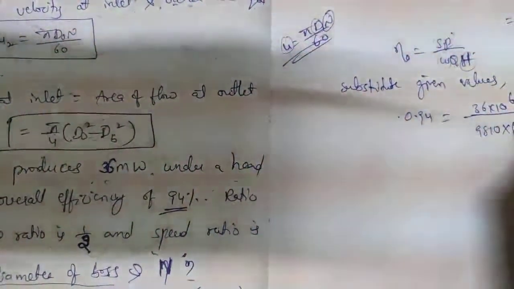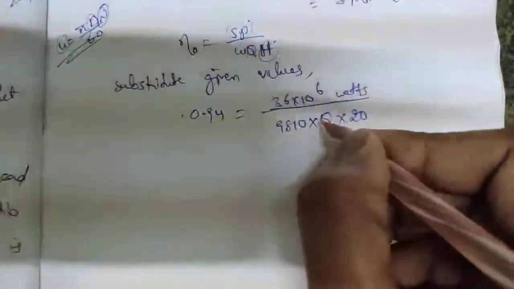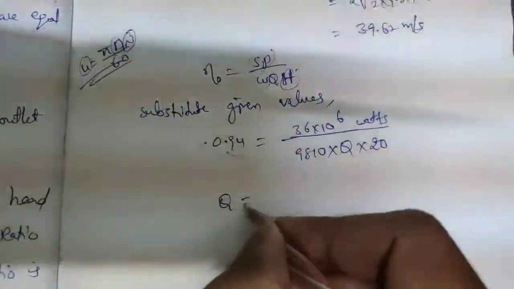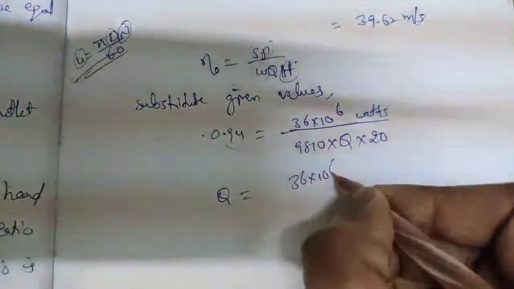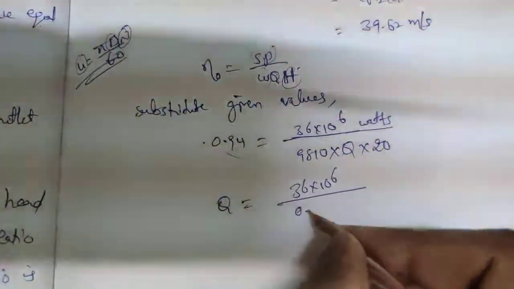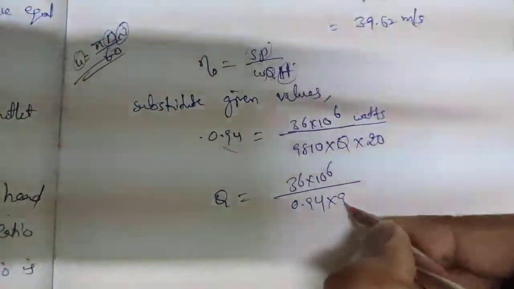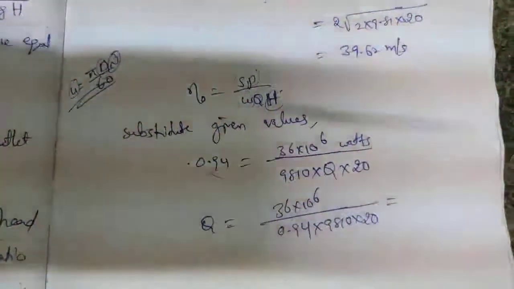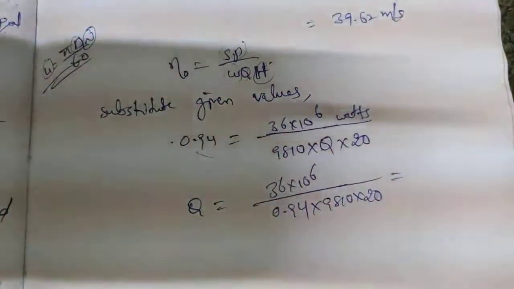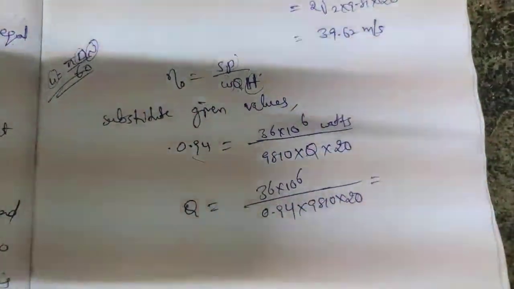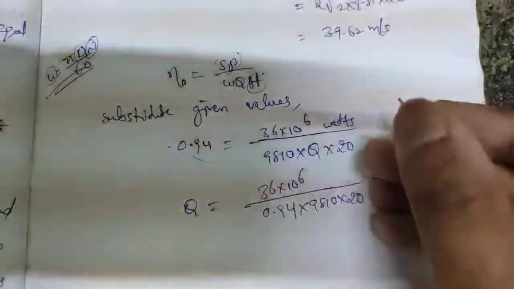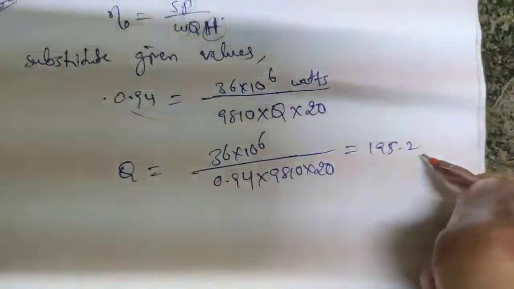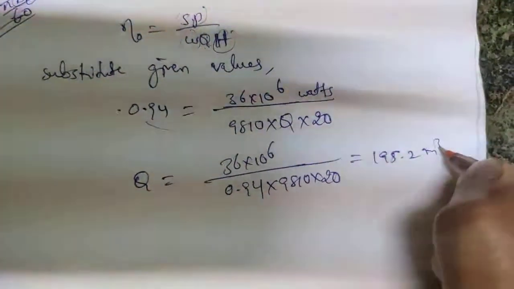So by sending Q to the left side, Q equal to 36 into 10 power 6 by 0.94 into 9810 into 20. By solving this expression you get the Q value, 195.2 meter cube per second.